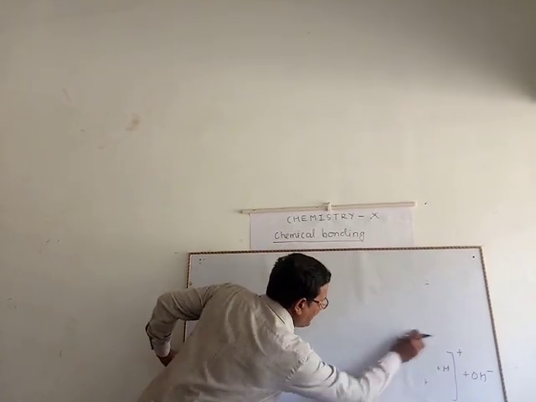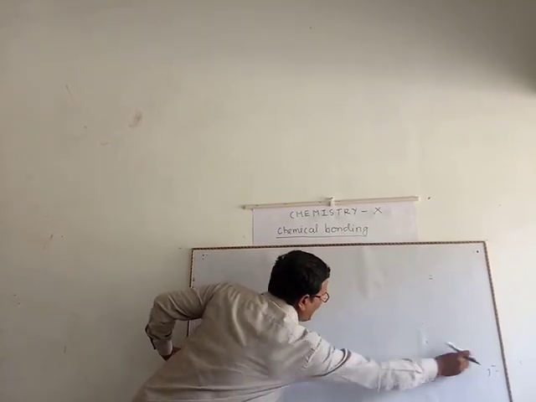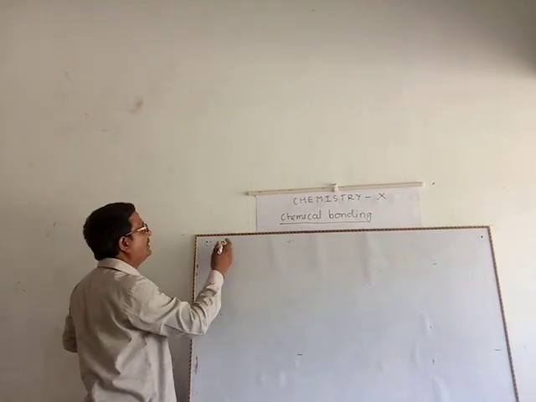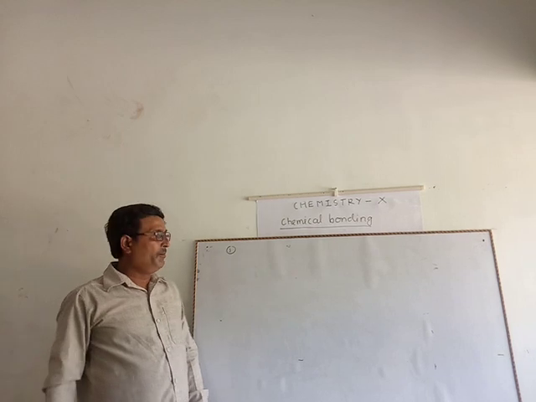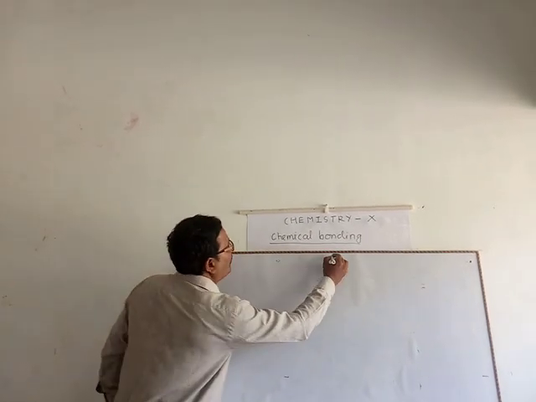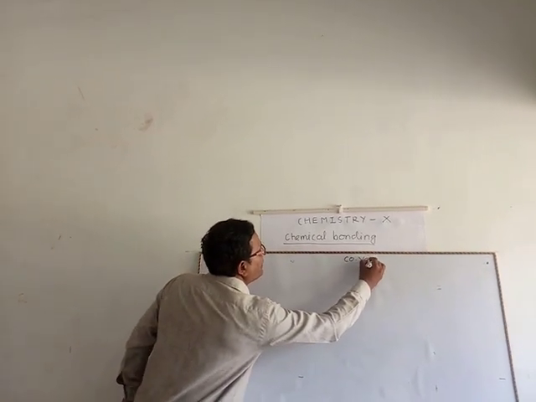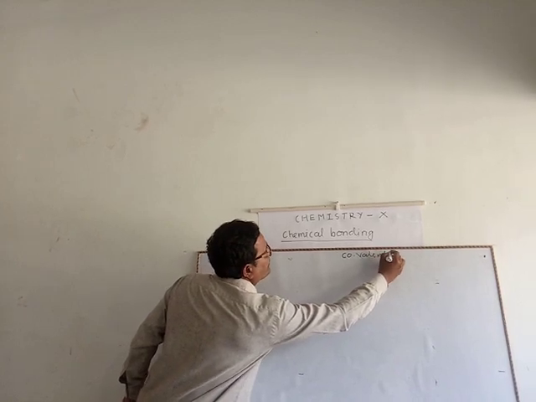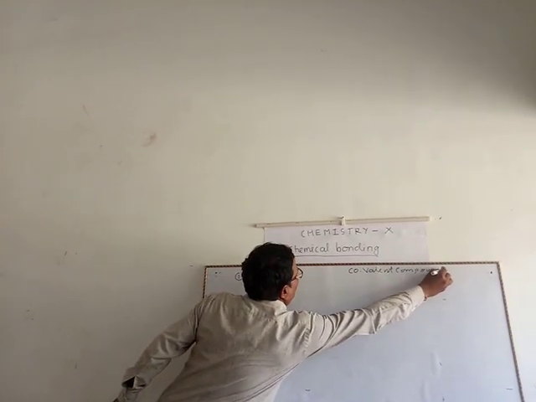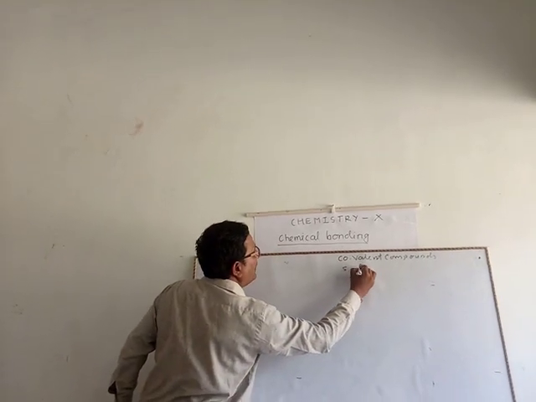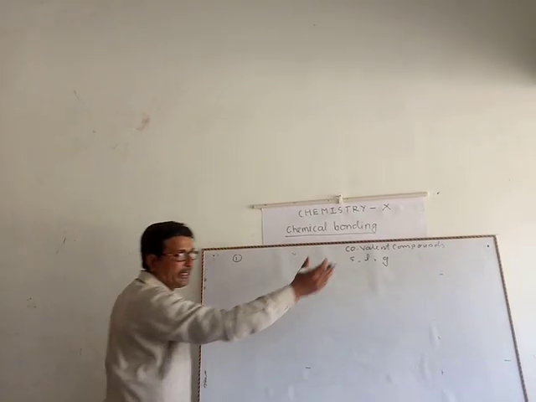The first difference is that ionic or electrovalent compounds are mostly in the crystalline solid form, whereas covalent compounds are mostly found as solid, liquid and gas. All three states you can get.